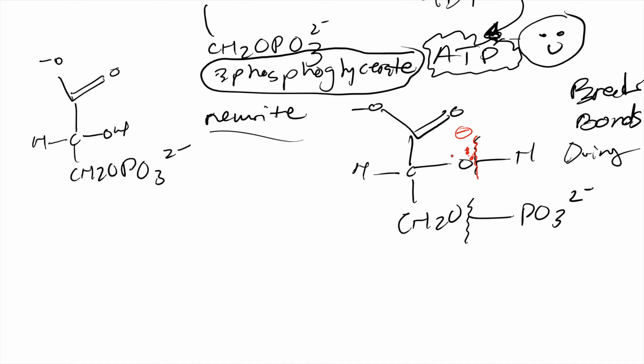So we have an extra lone pair, so it becomes negative. And then this is just a normal hydrogen, right? Just H plus. Same thing here. It's gonna make this negative charge there, and then it's gonna add positive charge to this PO3.